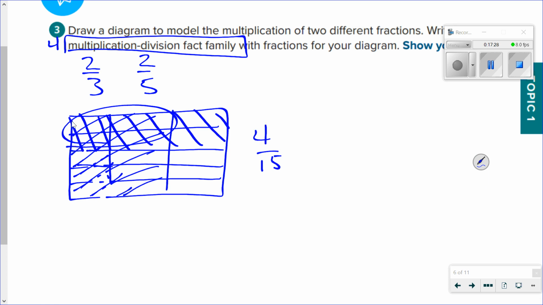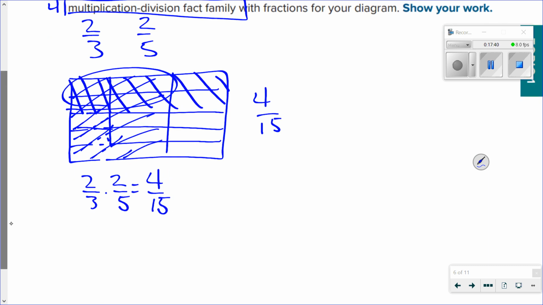So that gives me my first multiplication fact. If I did the 2/3 times 2/5, I get 4/15. So then I can rewrite that one just use the other way. Which property says 2/5 times 2/3 is the same as 2/3 times 2/5? What's that? Commutative property of multiplication.